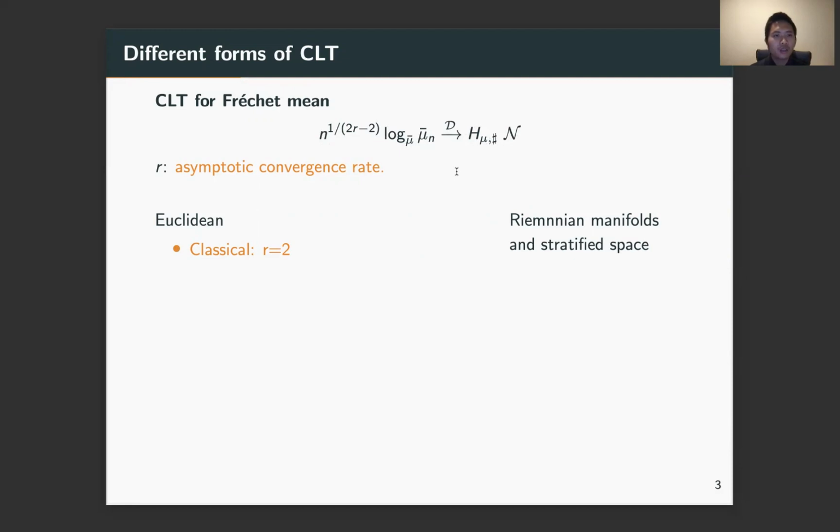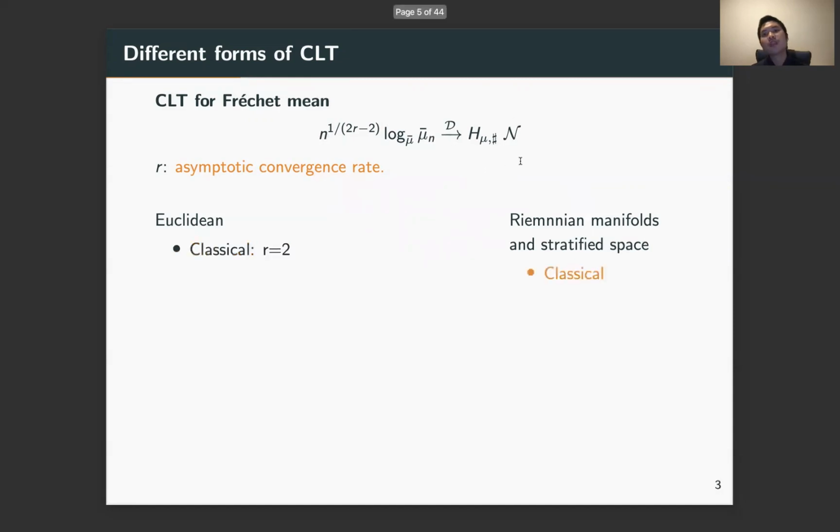For example, when we have Euclidean space, then the asymptotic convergence rate r will always be 2. That means we have to rescale by a magnitude of square root of n because the vector is very small. And H is the identity map. It doesn't do anything. And N is a normal distribution.